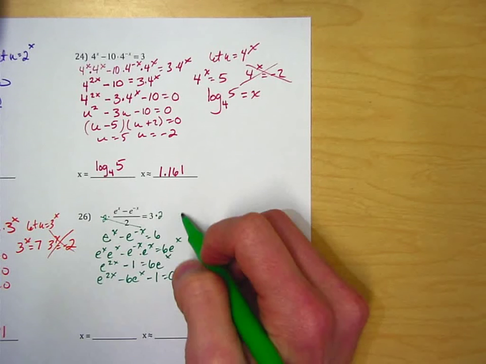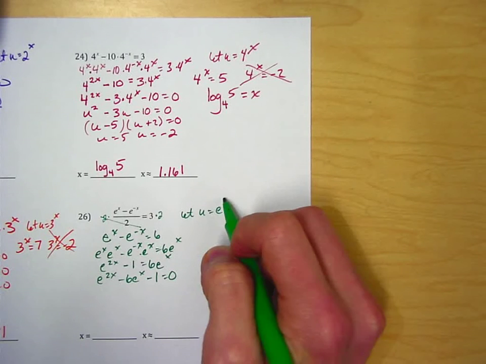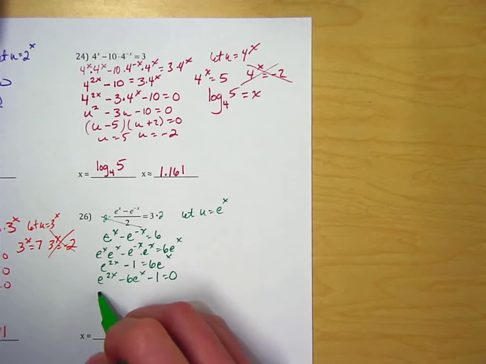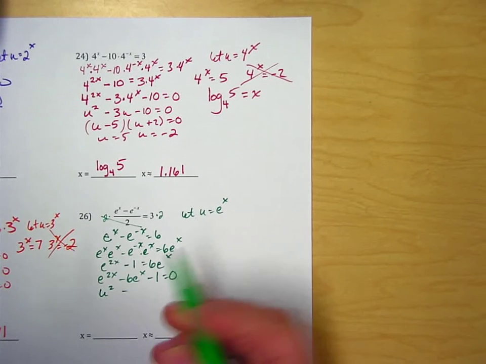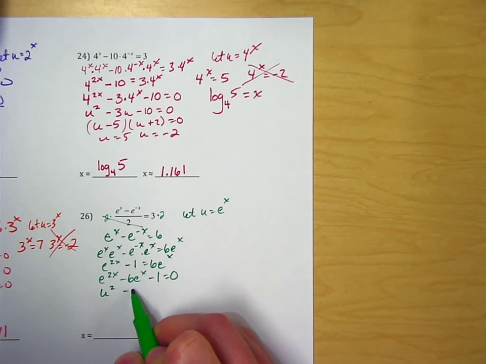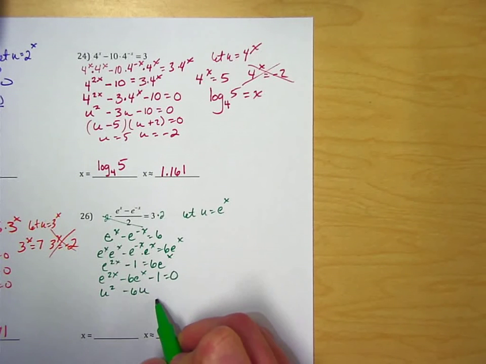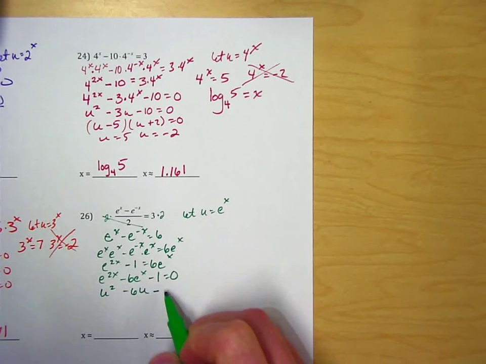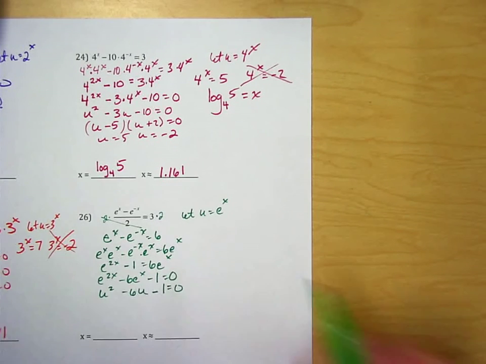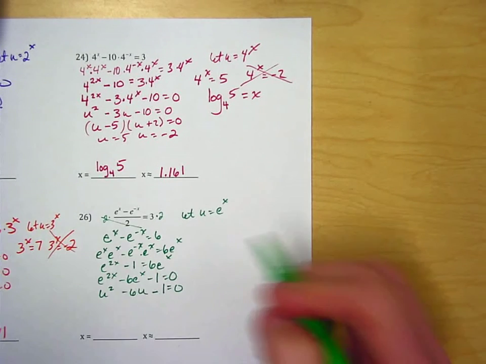And then we're going to let u equal e to the x, so we get u squared minus 6u minus 1 equals 0. We're going to have to use the quadratic formula here.